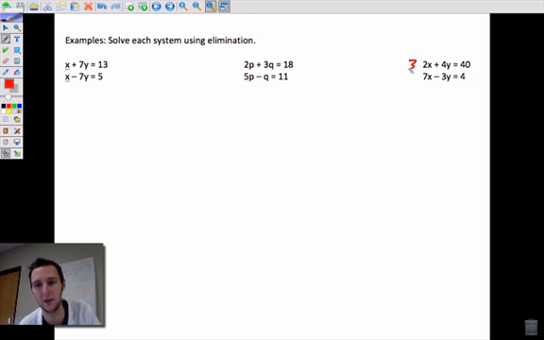So I'm going to multiply this top equation by 3. Looking ahead a little bit, that'll give me 12 y's. Okay, so I want to make this bottom one have a negative 12y. And so I know I've got a negative 3y. Negative 3 times 4 would give me a negative 12y.